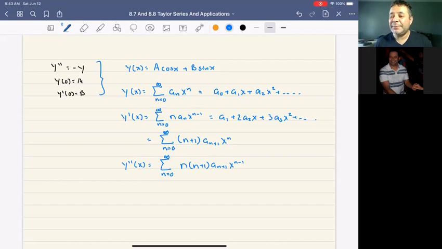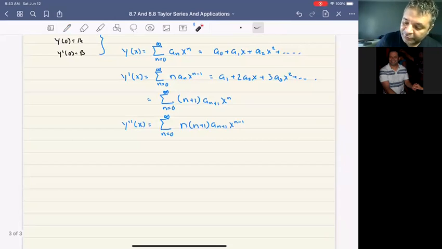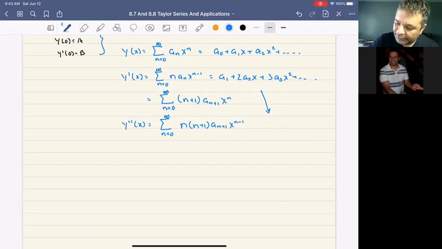I'm going to play the same game. I don't like having x to the n minus 1. I want to have that be x to the n. Also, my n equals 0 term is gone again. And if I do this from here, I'm going to get 2 a sub 2 plus 6 a sub 3 x, and so on and so forth.